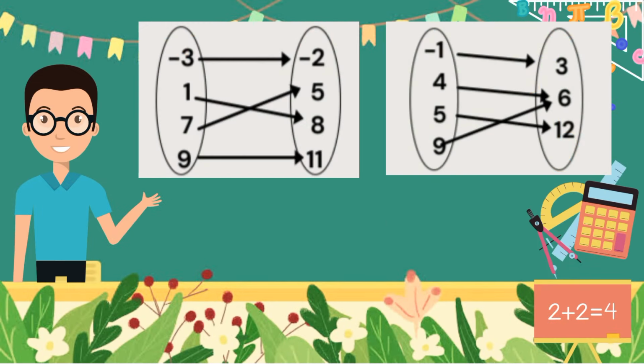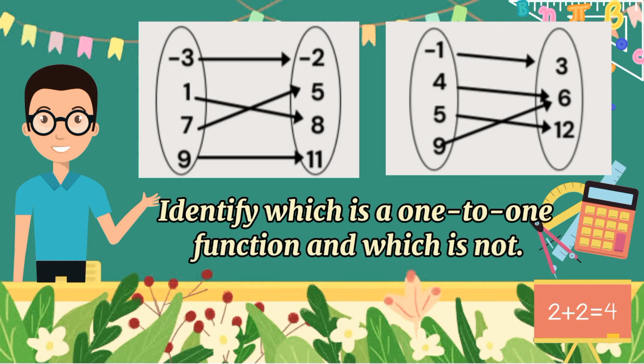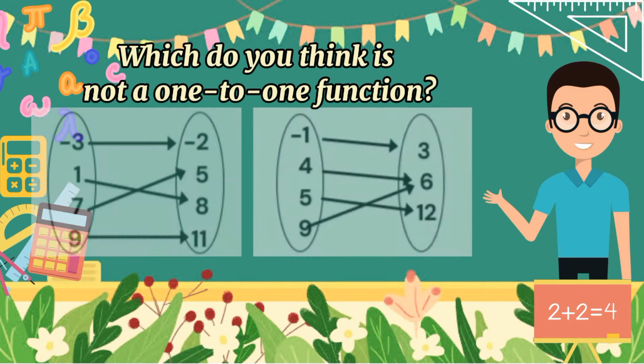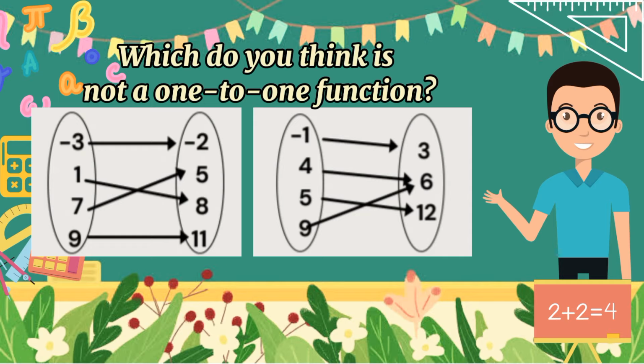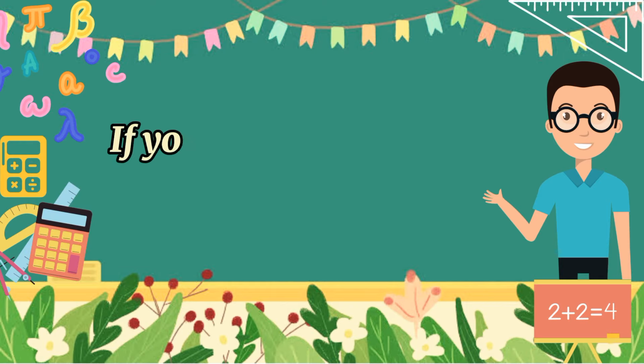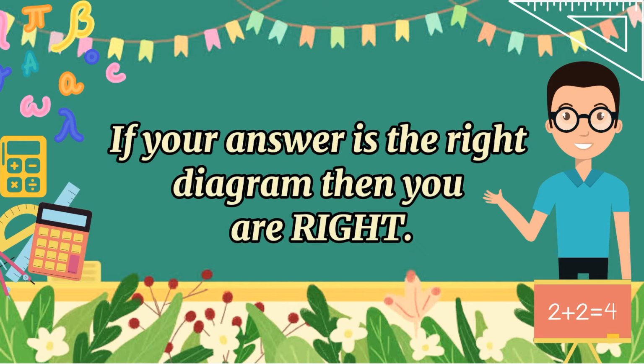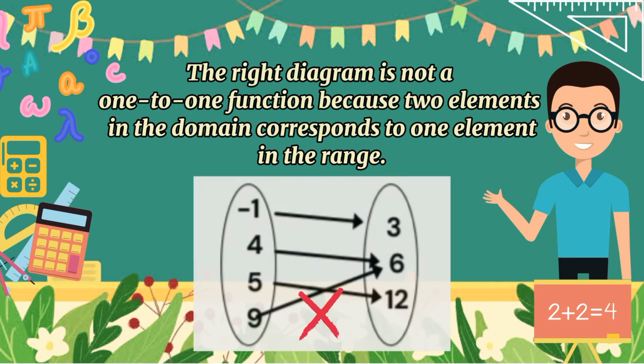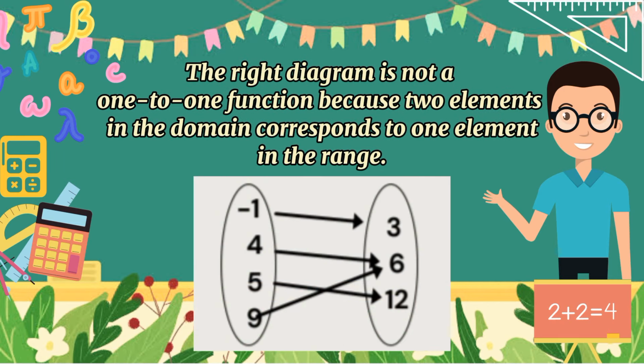Let's take a look at these examples and identify which is a one-to-one function and which is not. Which do you think is not a one-to-one function? Is it the left diagram or right diagram? If your answer is the right diagram, then you are right. The right diagram is not a one-to-one function because two elements in the domain correspond to one element in the range.